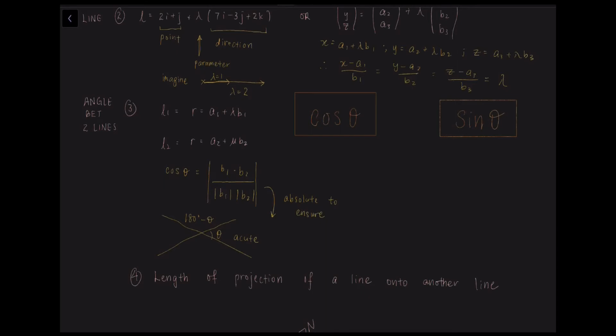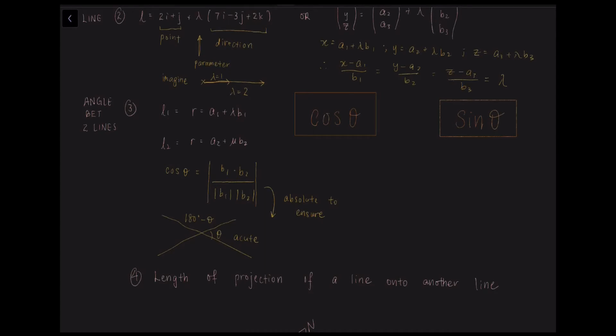So we can generalize the formula in terms of cos theta and sin theta. If you use the dot product, you get cos theta. And if you use the cross product, you will obtain your theta in terms of sin theta. So you must memorize these two formulas because you will keep using them later on.